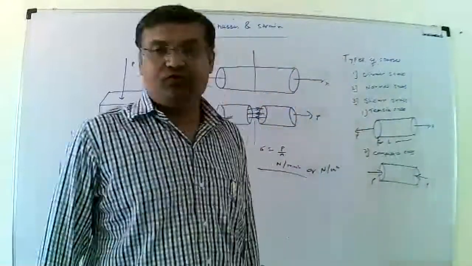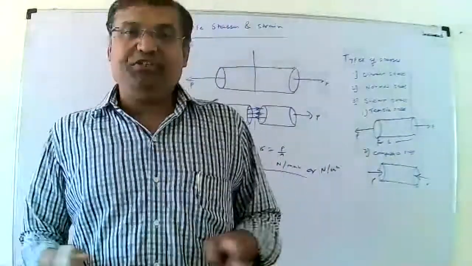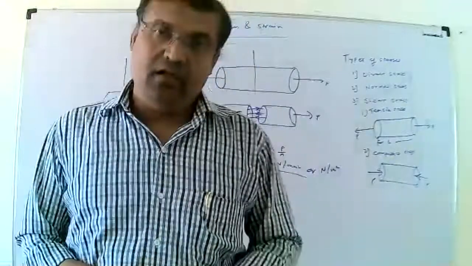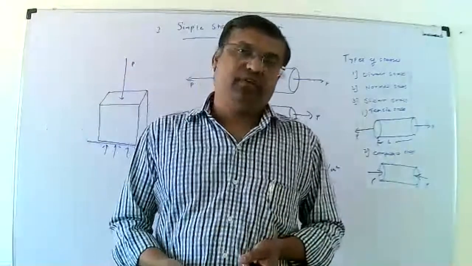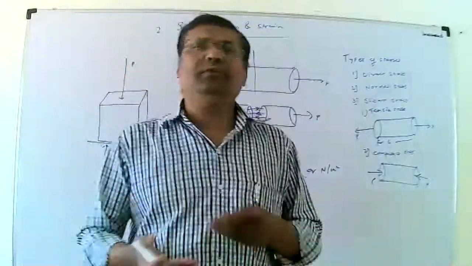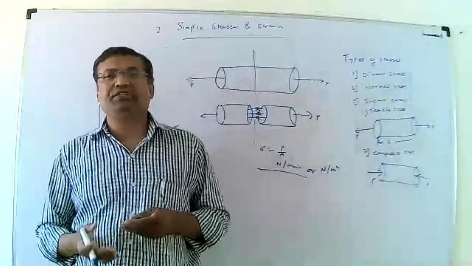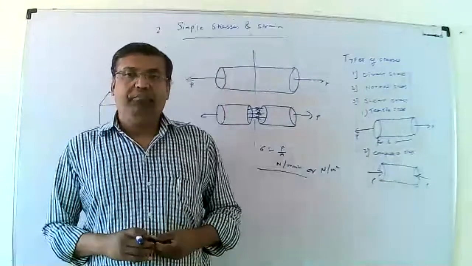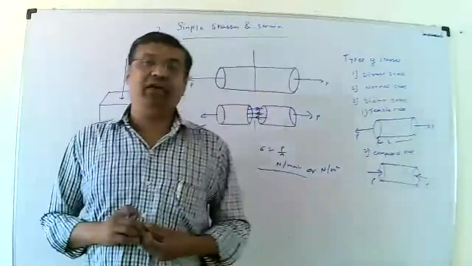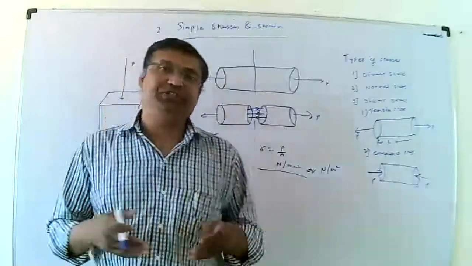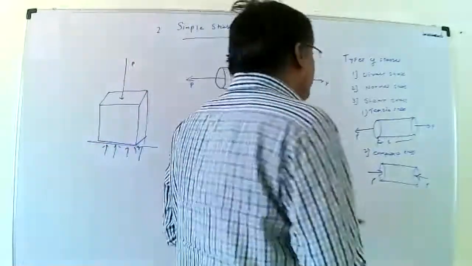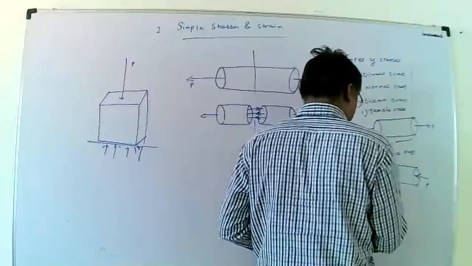There will be a change in the cross-sectional area of that specimen. The area will either reduce or increase. If two equal and opposite pushes act on that bar, there will be a change in that area. Then shear stress.